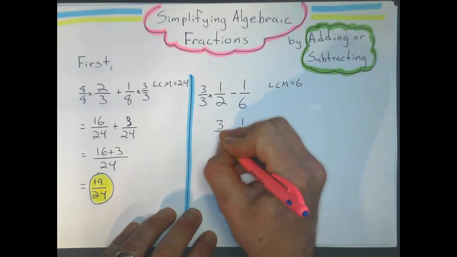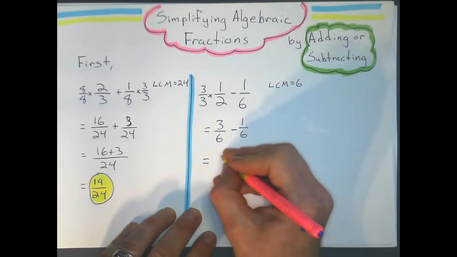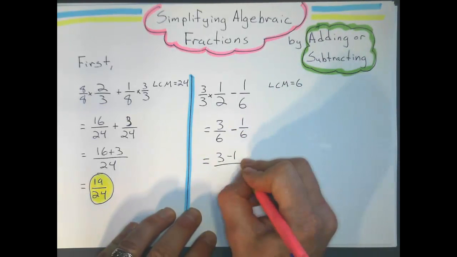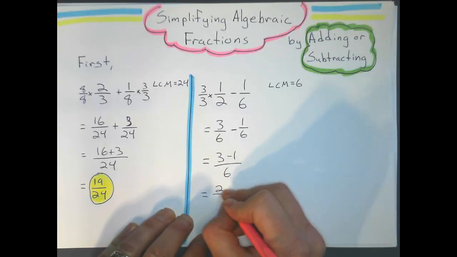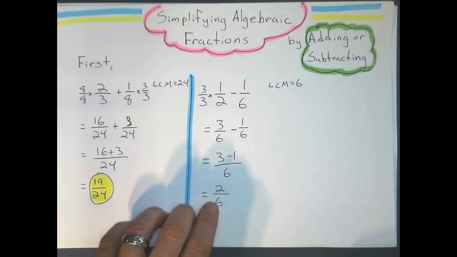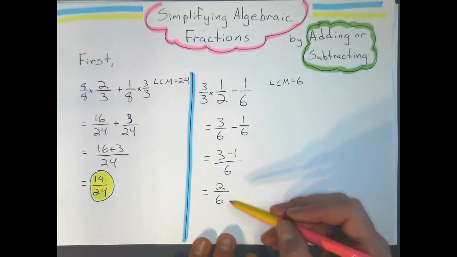Combine the numerators: 3 minus 1 over 6, and 3 minus 1 is 2, so 2/6. This can simplify, because it has a common factor of 2, to 1/3.